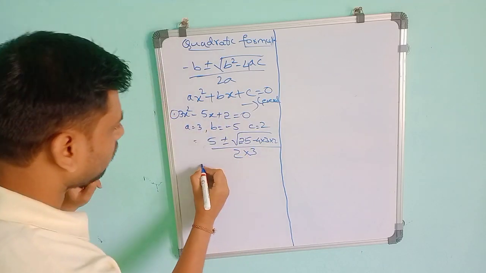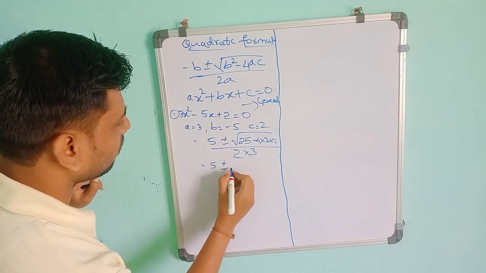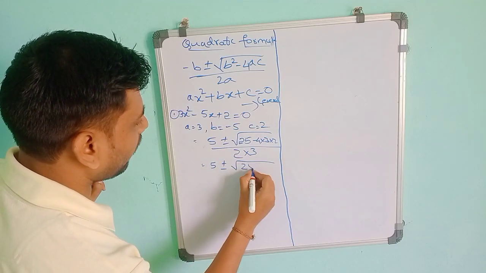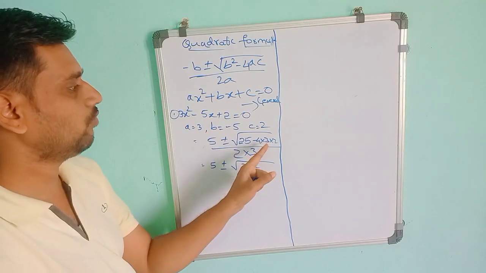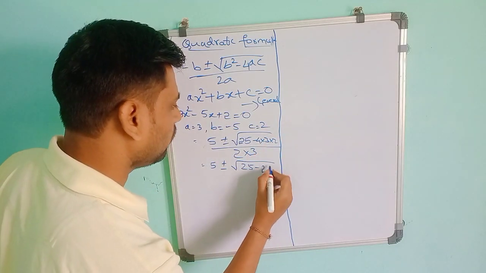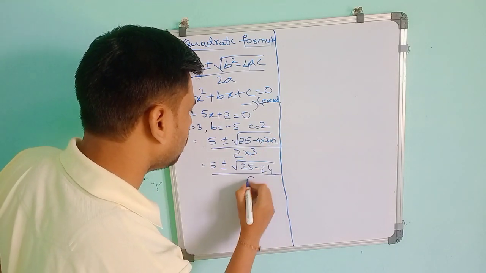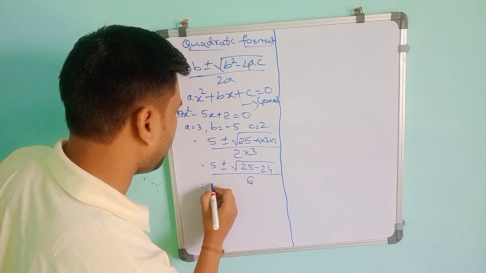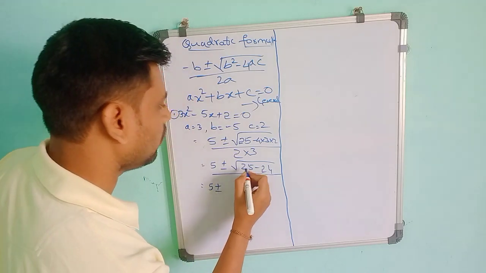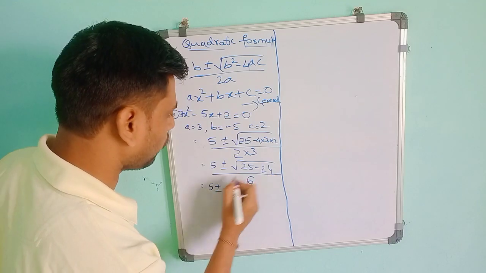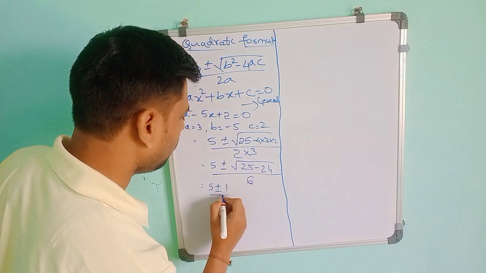So it will remain 5 plus or minus root of 25 minus 4 threes are 12, 12 twos are 24. So it will remain 5 plus or minus root of 25 minus 24, which is root 1. Root 1 is 1, divided by 6.